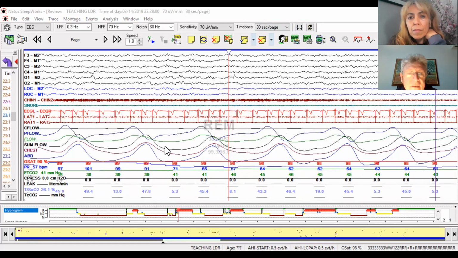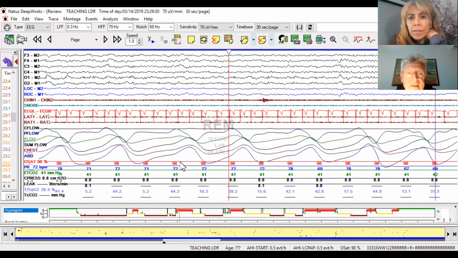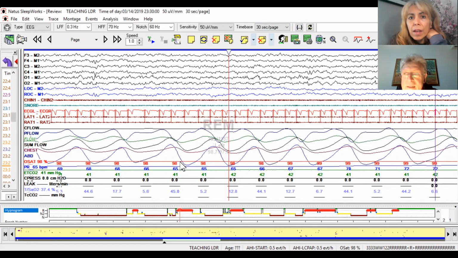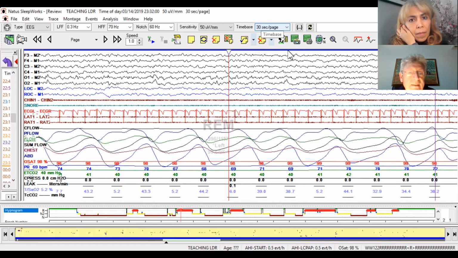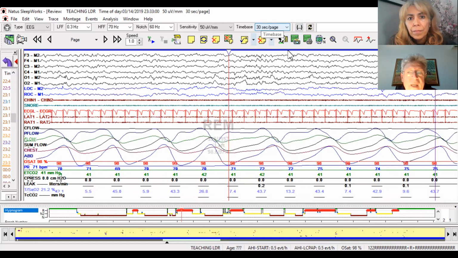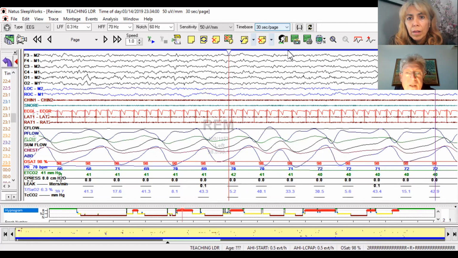Go on. Because this is REM, in my opinion. Yes, yes. It remained REM. Now it's changing, you see. It's slowing.